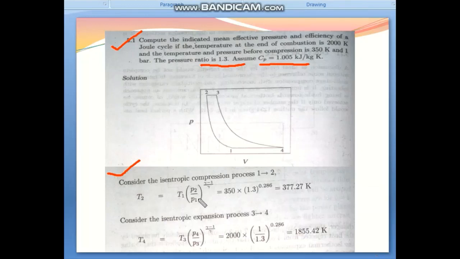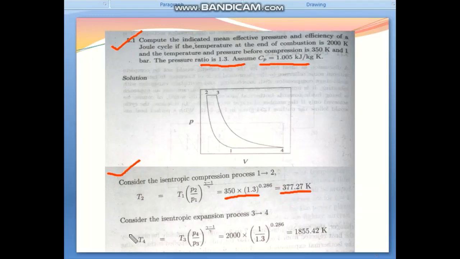By substituting all these values and gamma equal to 1.4, which we are assuming for air, we get T2 equal to 377.27 Kelvin.